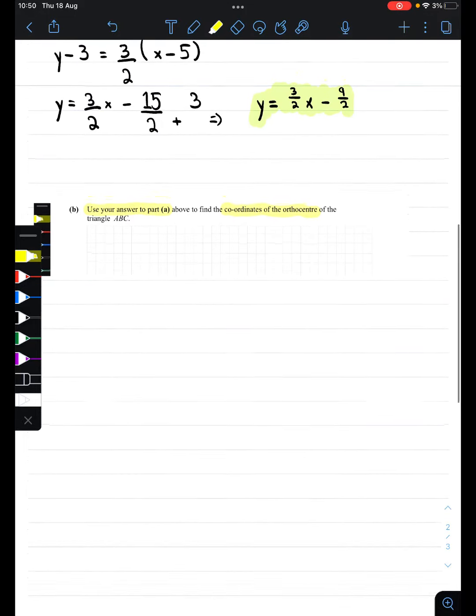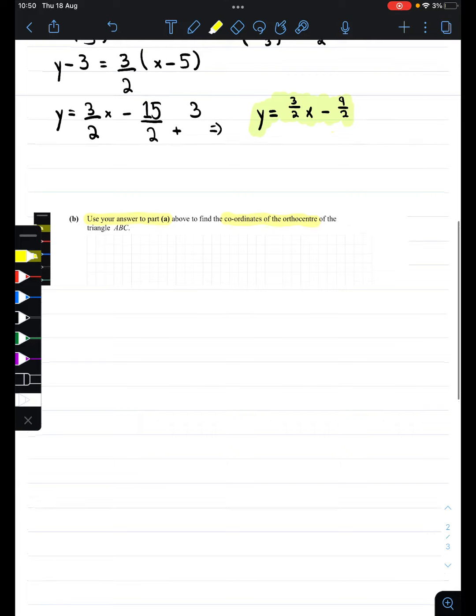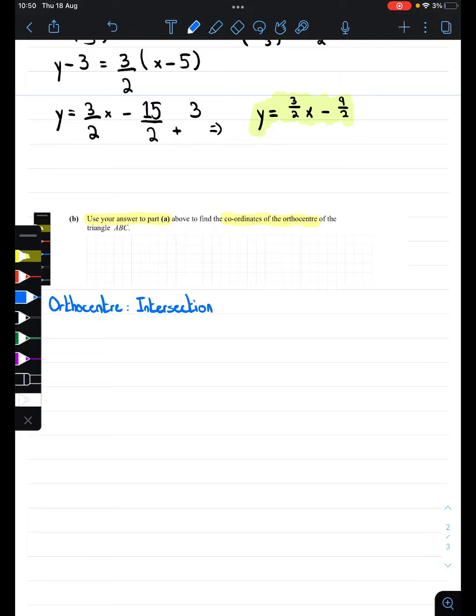Okay, so let's work through this bit by bit. We're looking for the orthocenter. Well, what is the orthocenter? The orthocenter of a triangle is the intersection of the altitudes of the triangle.